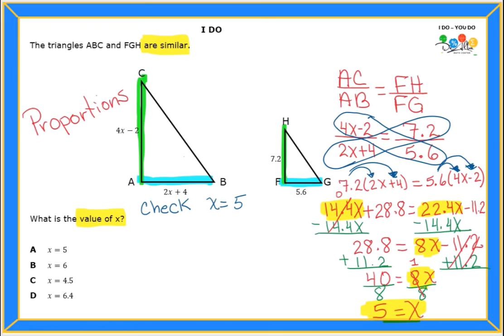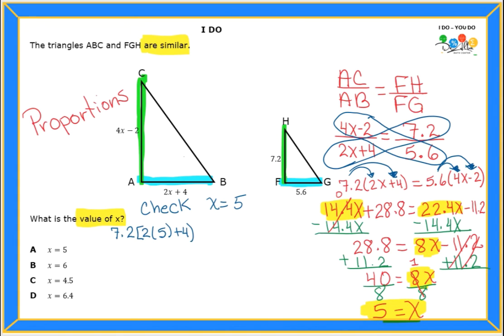I'm going to write down not the multiplication, but just how I set it up: 7.2, and I'm going to write a bracket this time, and inside 2 parentheses with x, which is 5, plus 4, and close the bracket.